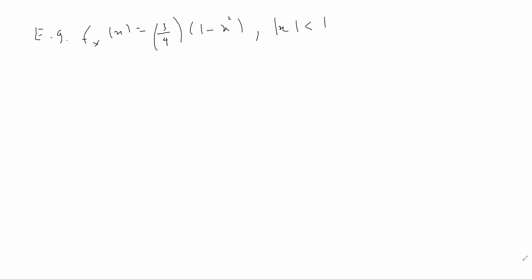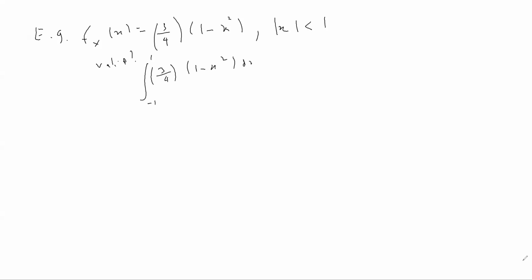Again, the validity of this should be easily proven. We can just easily prove whether it's valid or not. This one we know already how to do, but very quickly we look at whether it's valid. Between -1 to 1, 1 minus x squared.